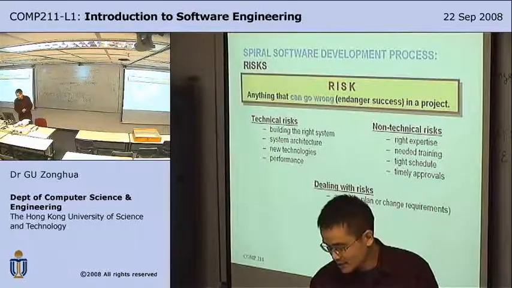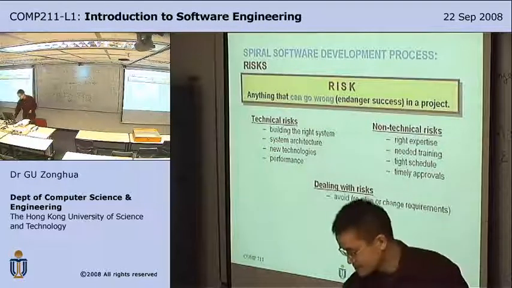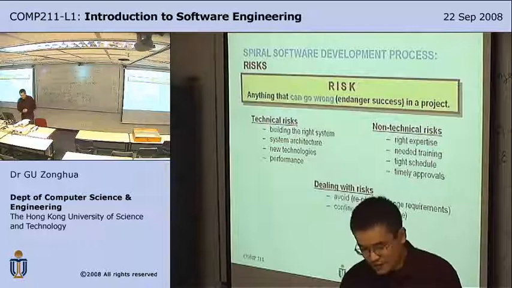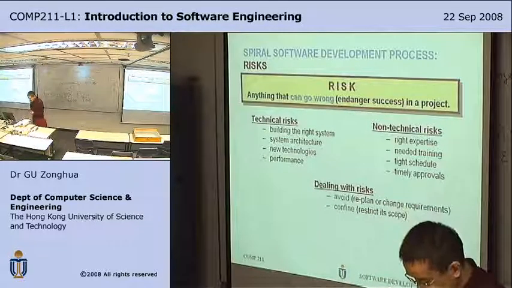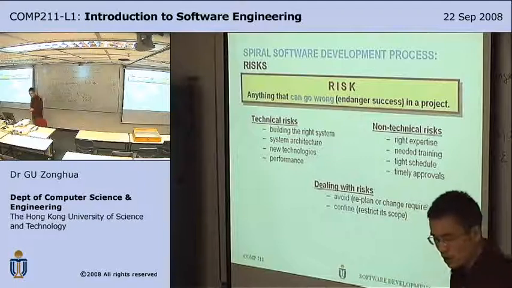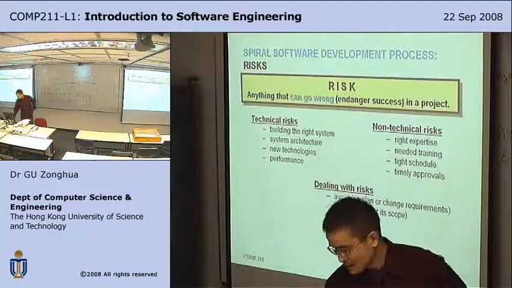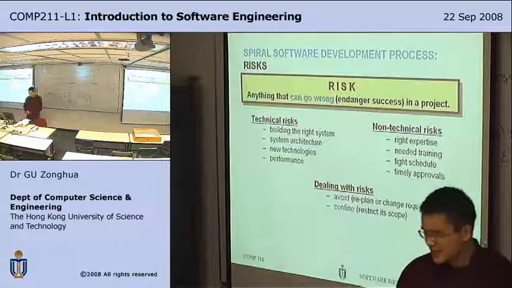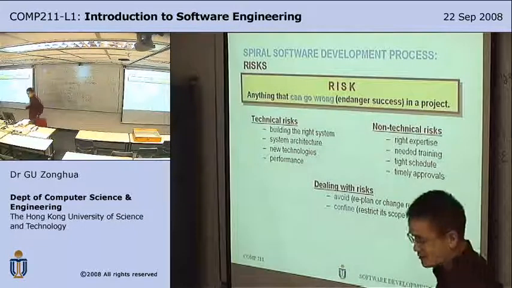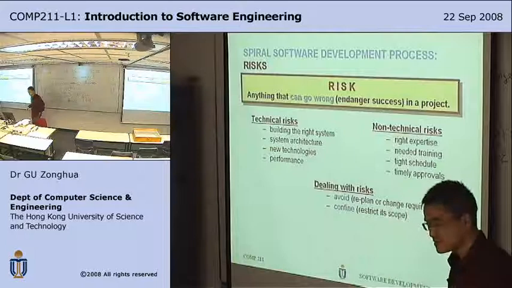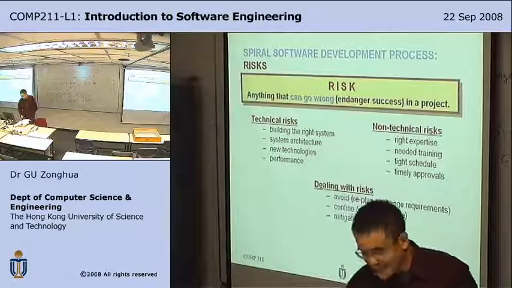If the project requirements are too ambitious, perhaps you need to scale them down. Then confine the risks, confine the scope of the risk so that it affects only a small part of the project. So, for example, if you're using new technologies, perhaps you just use them for the UI. Then for the middleware and for the database, you use the more traditional technologies. So you confine the risks.